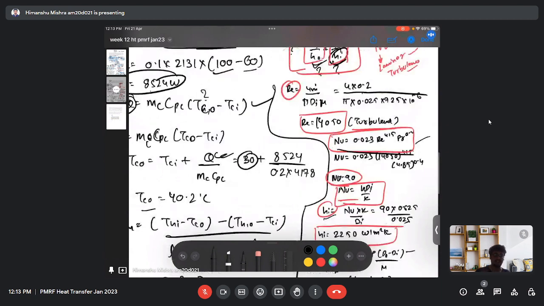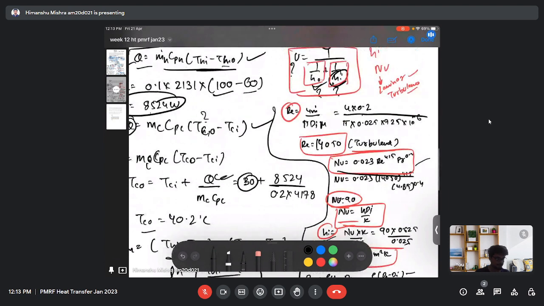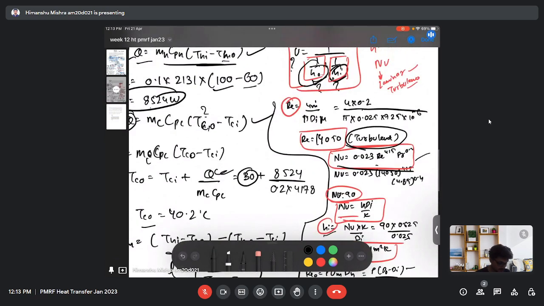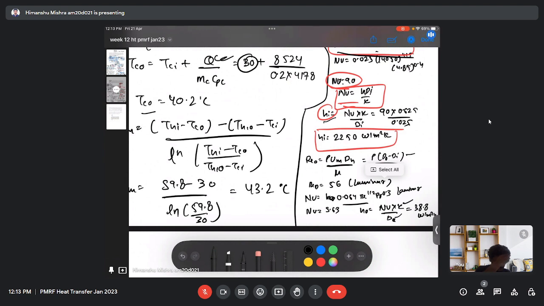So for the first inlet case, for inlet heat transfer coefficient, the flow is turbulent, so we use the Nusselt number for turbulent. For the outlet heat transfer coefficient, the Reynolds number showed laminar flow. So I use the Nusselt number correlation for the laminar flows and calculate the outer heat transfer coefficient.